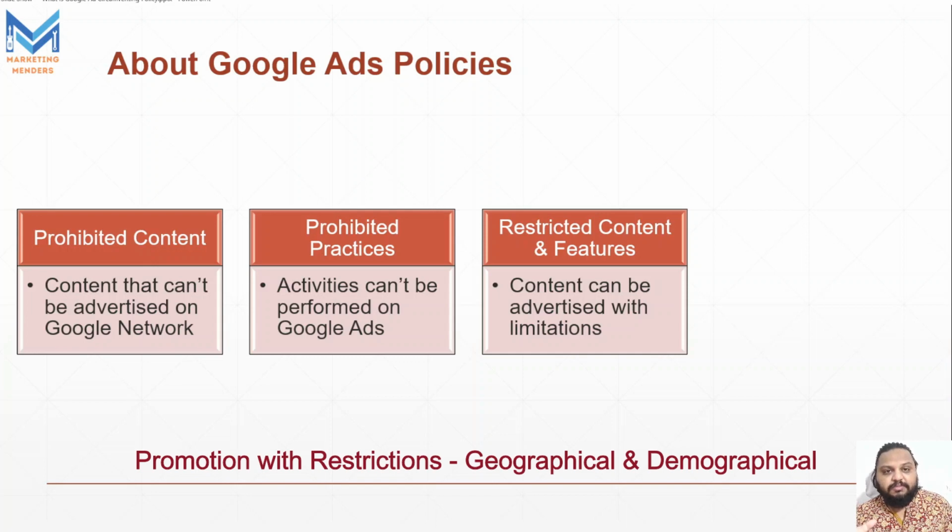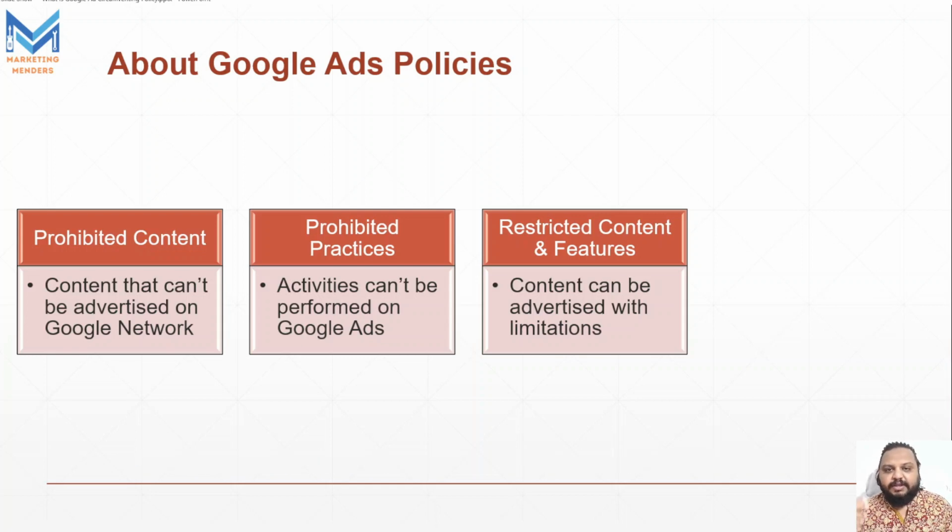So there are geographical or political restrictions, or maybe age restrictions. We have to look at in detail what these restrictions are and how they get applied to any particular product, and accordingly create your Google ad campaign.